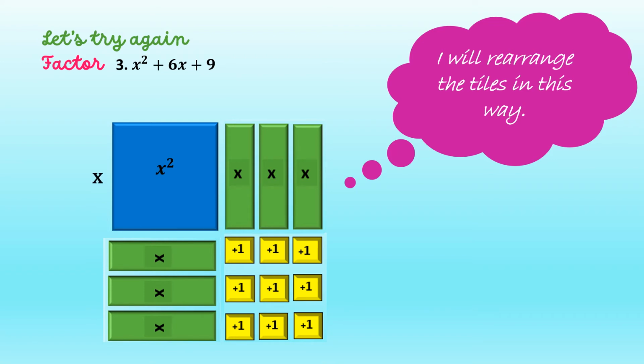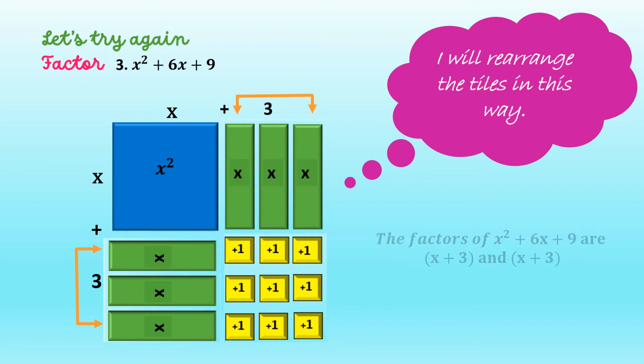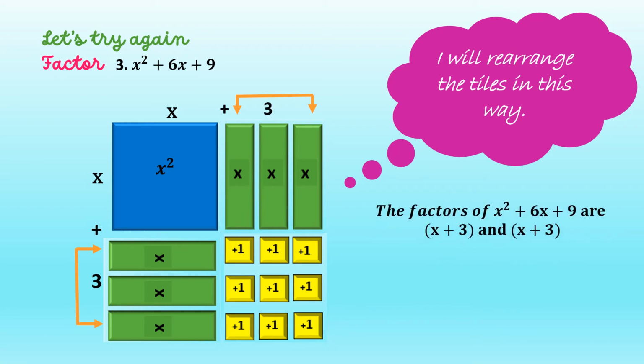So we have here x and 3 green tiles, that is plus 3. Then on top, I have x and we have 3 green tiles, so that is positive 3. The factors of x squared plus 6x plus 9 are quantity x plus 3 and quantity x plus 3. Therefore, x squared plus 6x plus 9 is equal to quantity x plus 3 times quantity x plus 3.